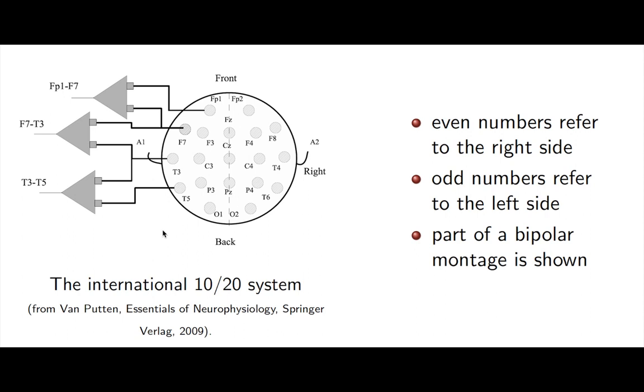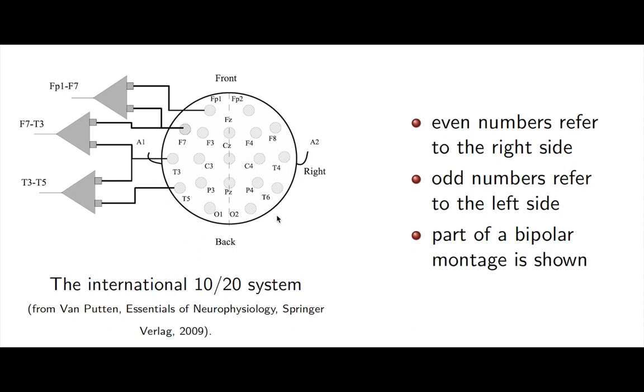And in addition, we use FP for frontal polar, F for frontal, C for central, T for temporal, P for parietal, and O for occipital. And in the midline we have frontal Z, central Z, and parietal Z. So this is the nomenclature to indicate where a particular electrode is placed.